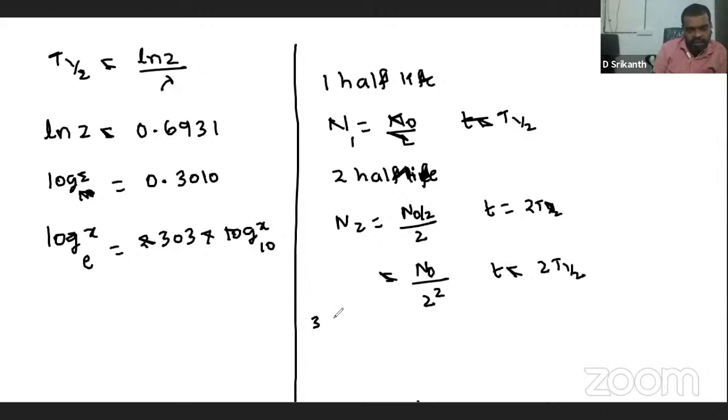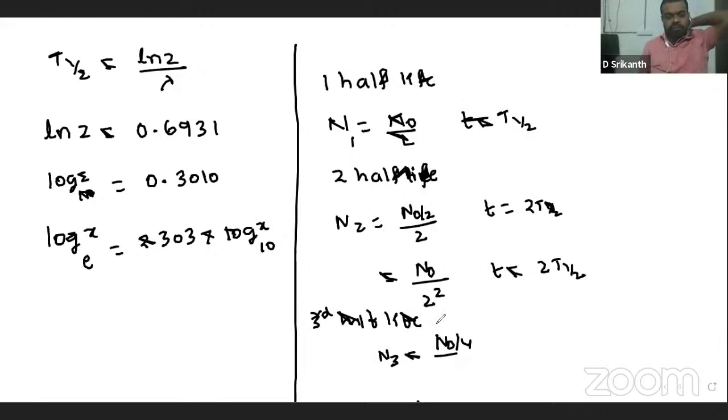For the third half-life, we can write N3 is equal to N naught by 4 by 2. After the second half-life, the number of nucleons remaining in the nucleus is N naught by 4.